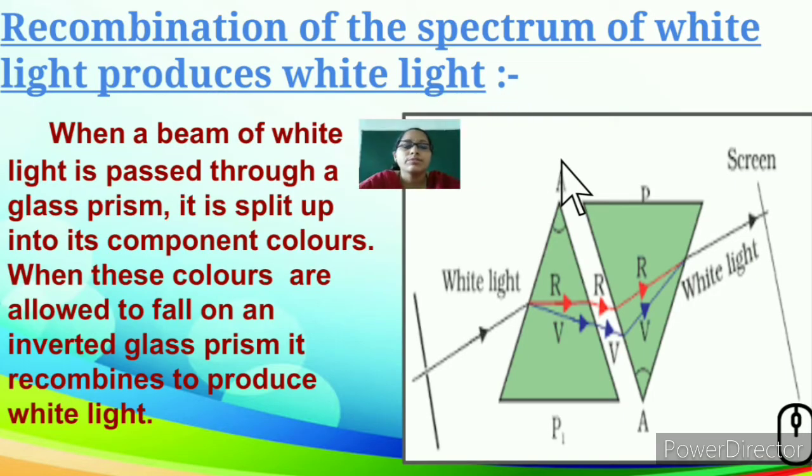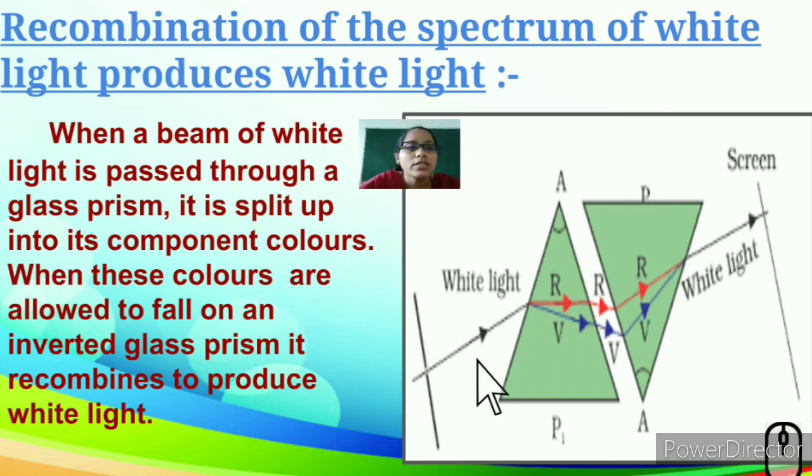So previously we have seen how white light, when it passes through the prism, disperses into 7 different colors. Recombination is the process where you keep a glass prism in a normal way, and the other one is kept at a certain distance, inverted.